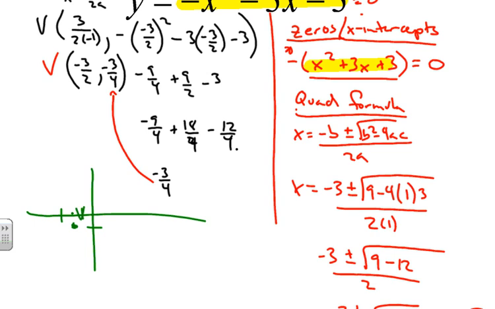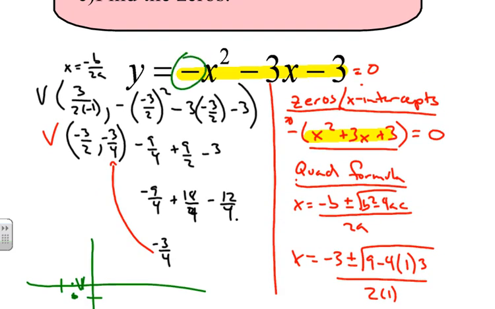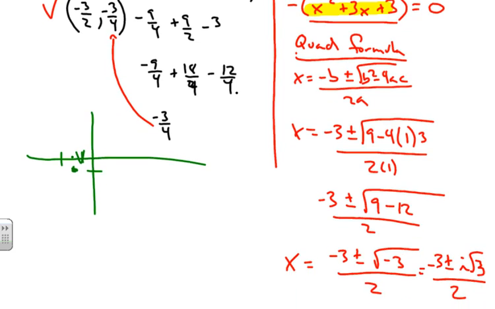Then we notice that I have a negative value, so my parabola is reflected over the x-axis, so it's going to go like this. By knowing that, we could have seen right away that we don't have any zeros. This makes total sense. There are none, because it doesn't pass through the x-axis; there are no x-intercepts.